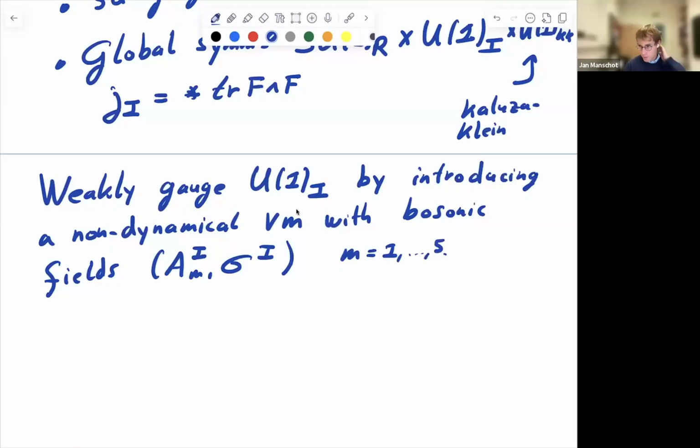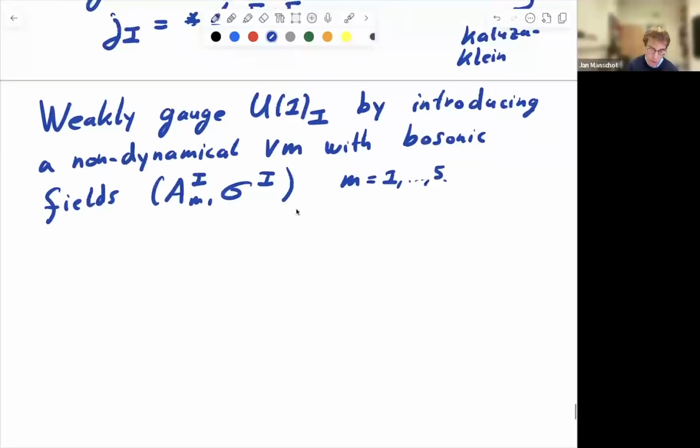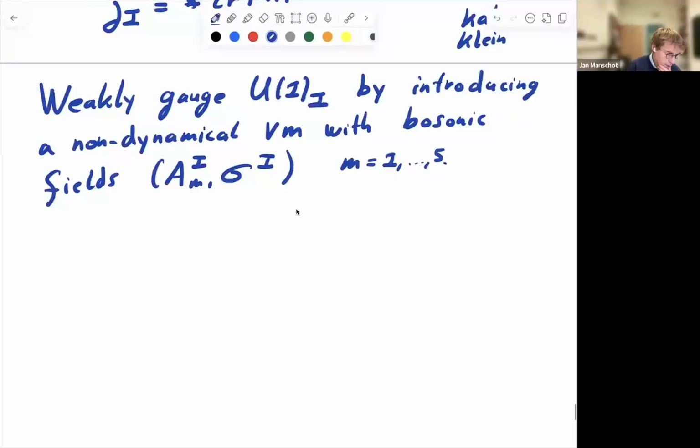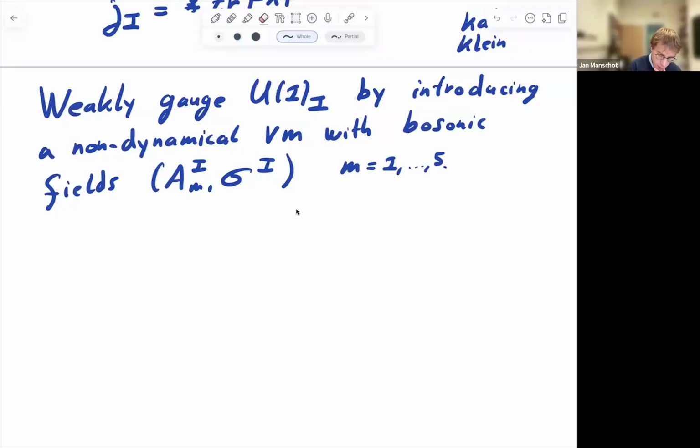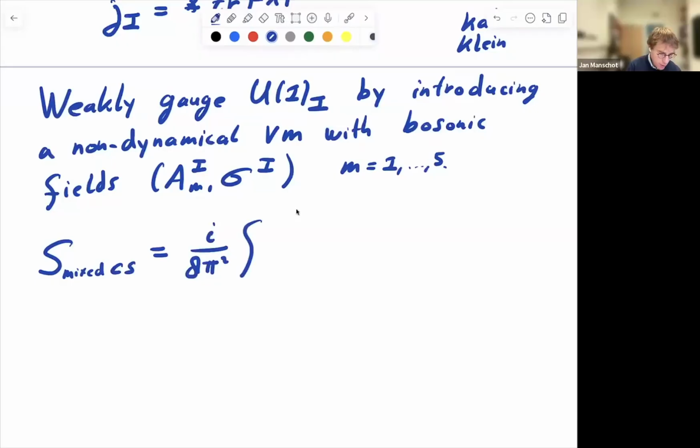And now in 5D, there are a bit more possibilities to write down actions for this theory. In particular, we can write down Chern-Simons couplings, and one which will be of particular interest to us is the so-called mixed Chern-Simons coupling, which is a combination of the field strengths. I'll just think of being now in flat space, R5.